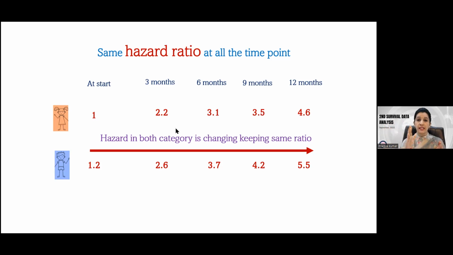Probability cannot go beyond 1. The range of probability is between 0 and 1, but hazard can go up to infinity. That's why hazard is a rate, not a probability. The formula involves a little bit of calculus. It's a mathematical formula which converts the survival probability into the hazard, but it's not the opposite of survival.